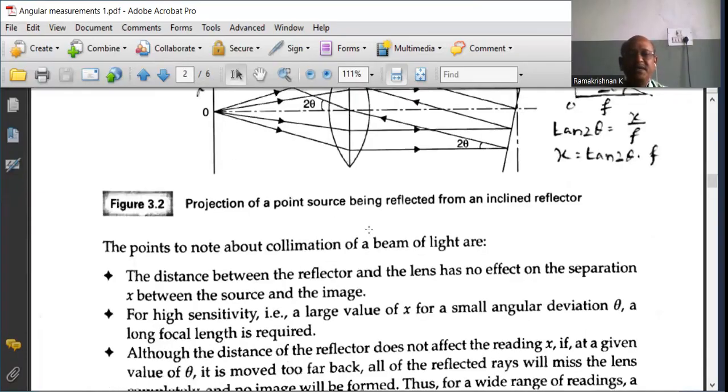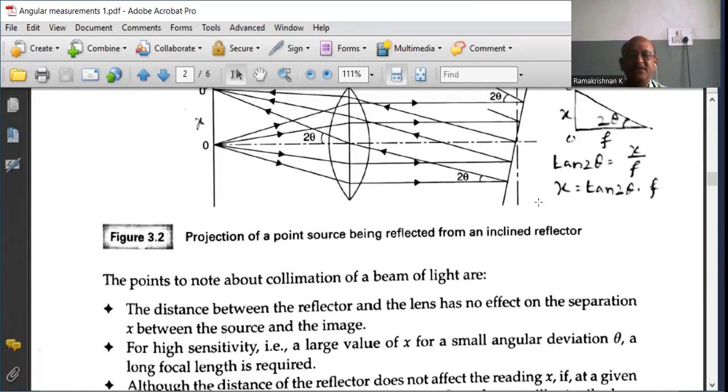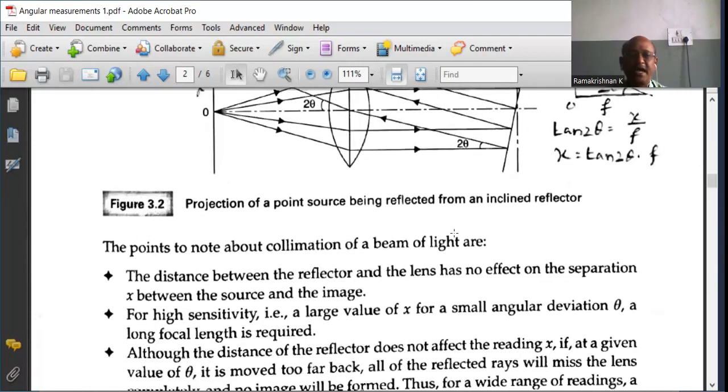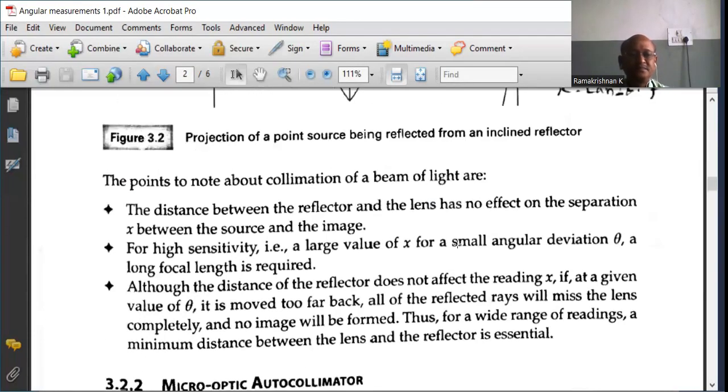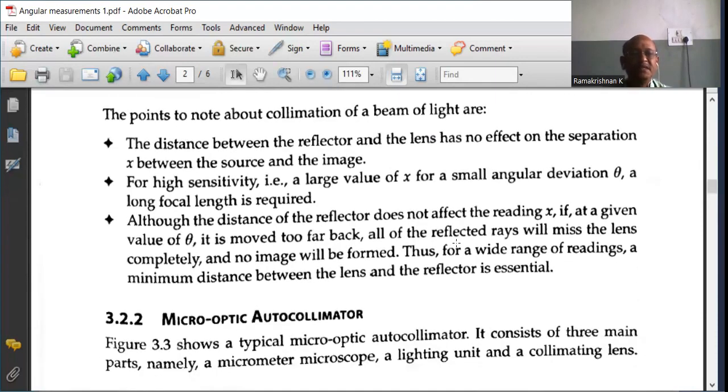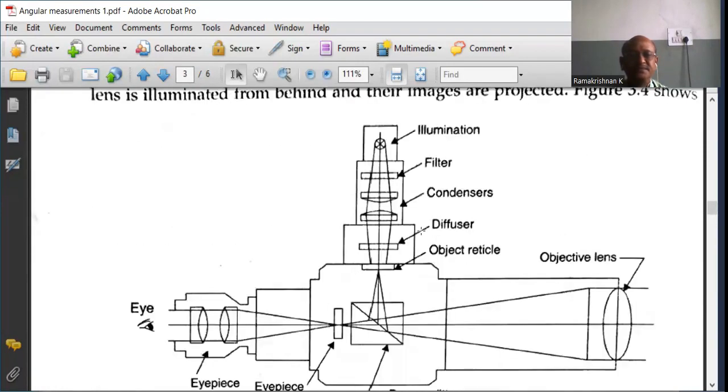So a minimum distance between the lens and the reflector is maintained to capture all the reflected beams and to get the image. So this is the principle of autocollimation. Now let us move to the next instrument.